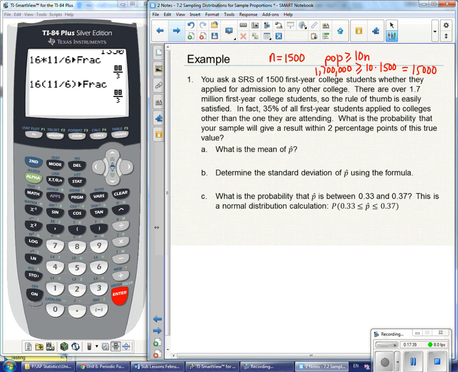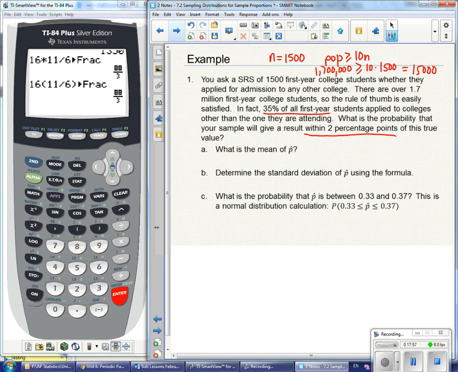And so obviously 1.7 million is greater than 15,000. In fact, 35% of all first-year students apply to colleges other than the one they are attending. What is the probability that your sample will give a result within 2 percentage points of the true value?